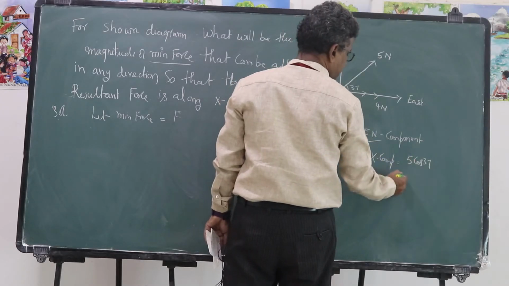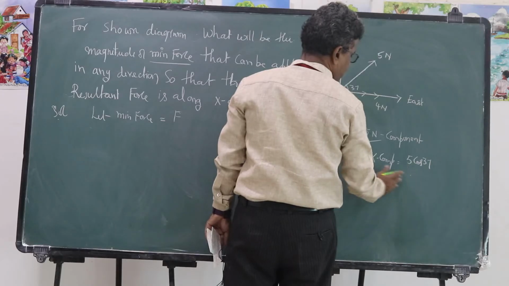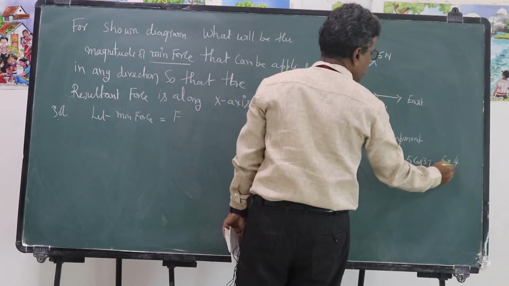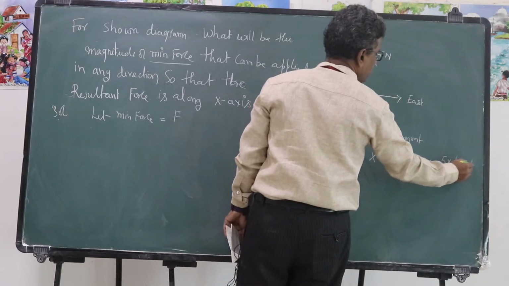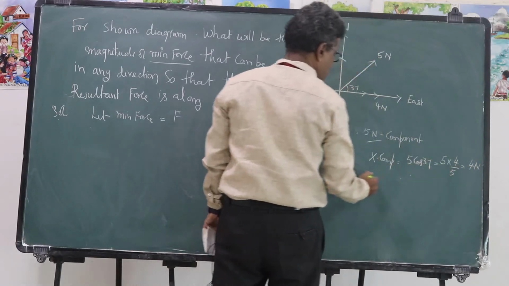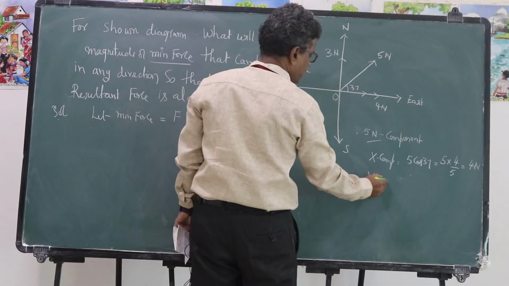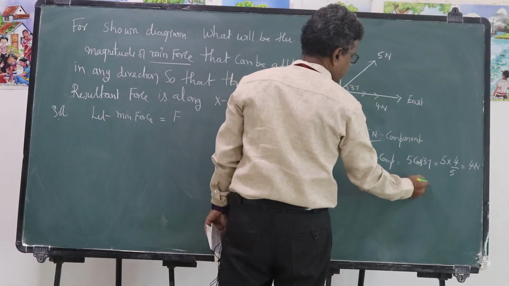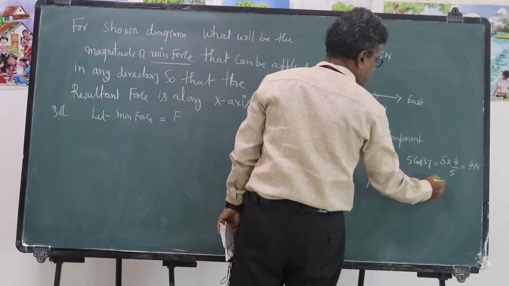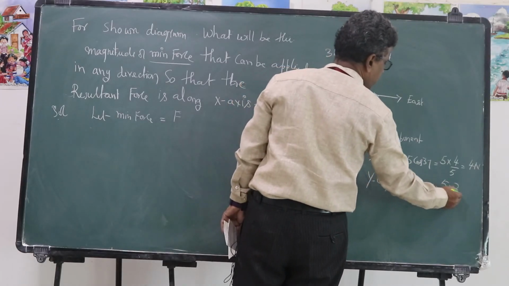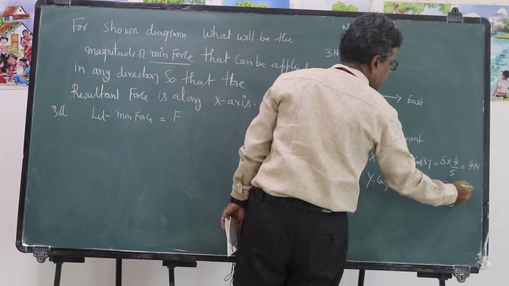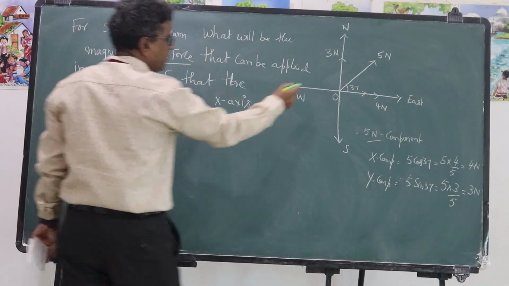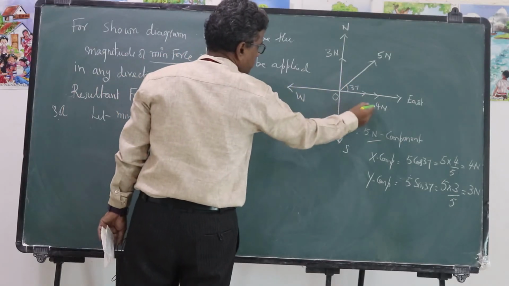Cos 37 is 4 by 5, so that is 4 newtons. Similarly, the y component of 5 newtons is 5 sin 37. Sin 37 is 3 by 5, so you will get 3 newtons. So these are the components of the 5 newtons force.